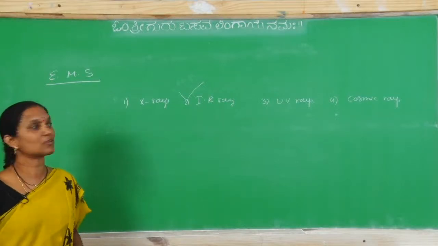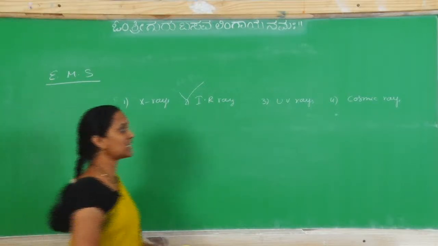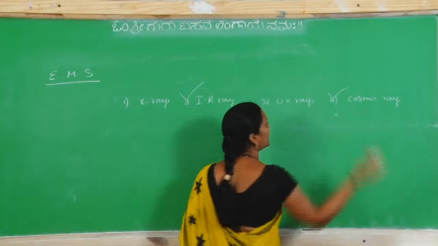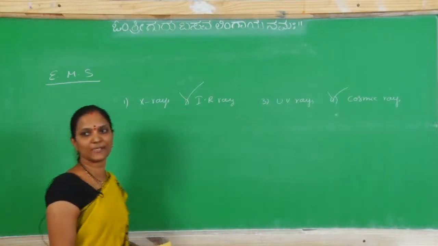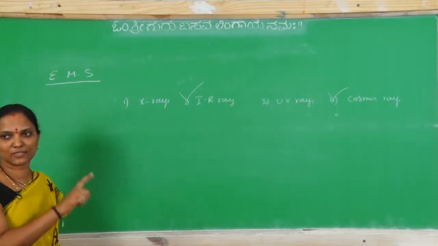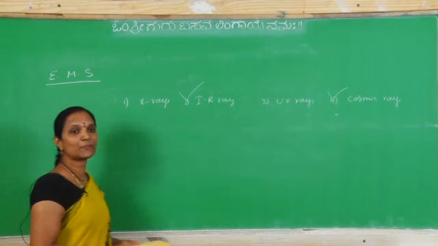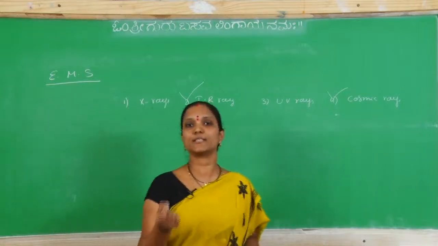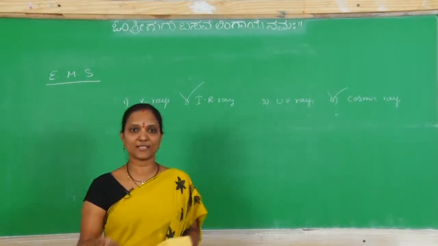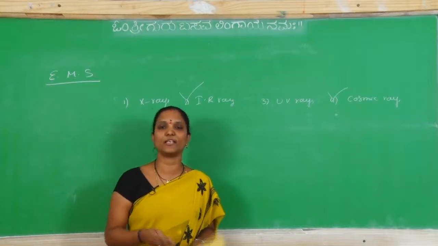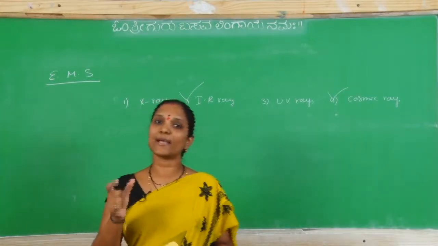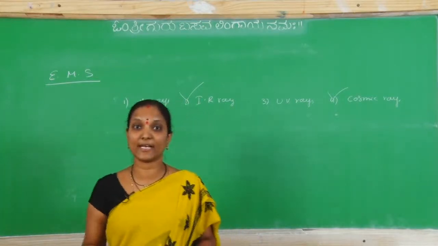Cosmic rays. So cosmic rays have the highest frequency. The answer is the fourth option, cosmic rays. Like this, they will ask questions related to the electromagnetic spectrum. Any charged particle moving with acceleration produces an electric field and also a magnetic field. What are the characteristics of these electromagnetic radiations?